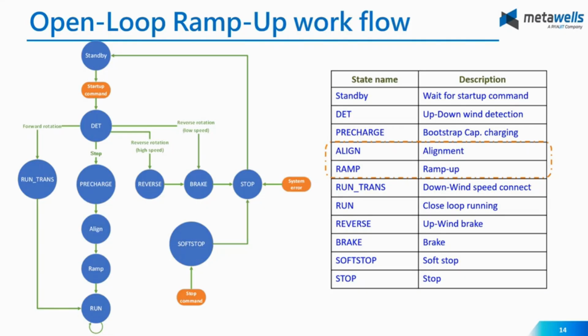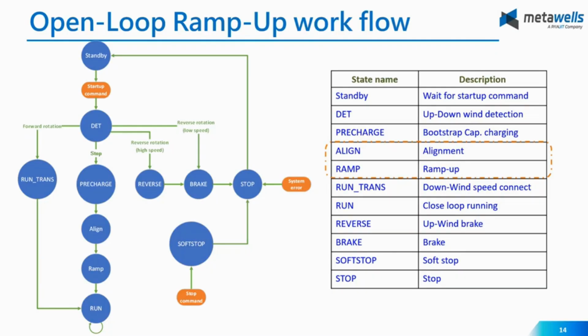And then the third scenario here is more complicated. This is the third scenario, reverse wind condition. Reverse wind condition means the motor is spinning in the opposite direction.